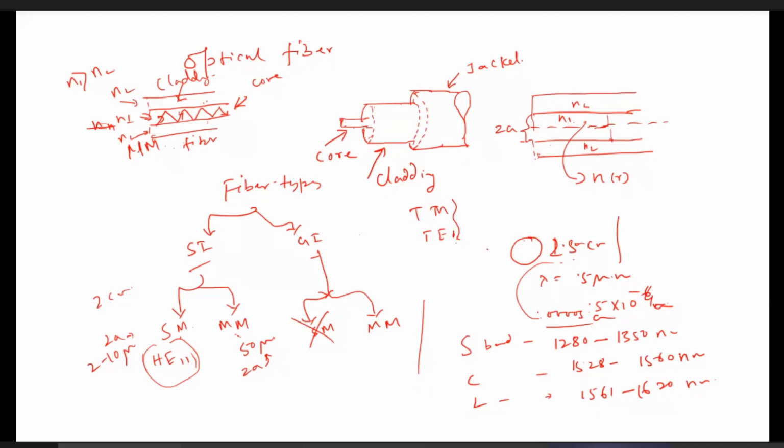So these are the different bands used in optical fibers, and wide applications are there. It can be used in LAN, MAN, WAN: local area network, metropolitan area network, wide area network, that may consist of several LANs, several MANs.